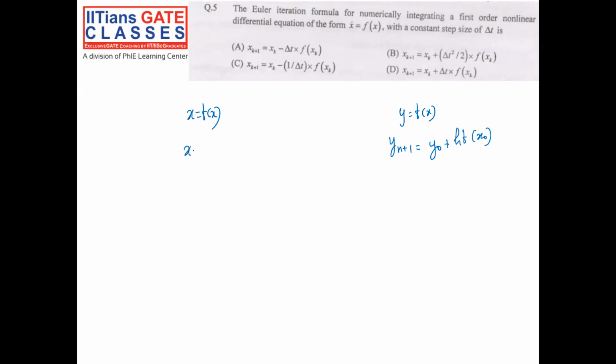So x k plus 1 can be written as x k plus h, meaning the step size here. So it is delta t times f of x k. Okay, so here we can clearly see the option D is correct. Yeah, this was pretty simple.